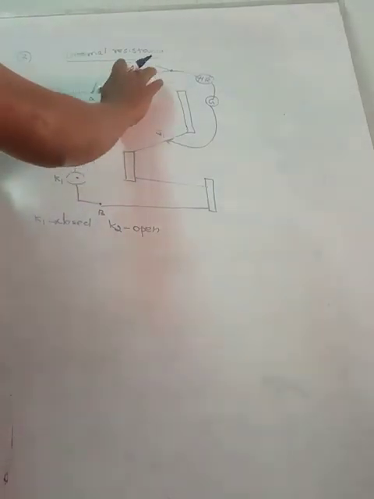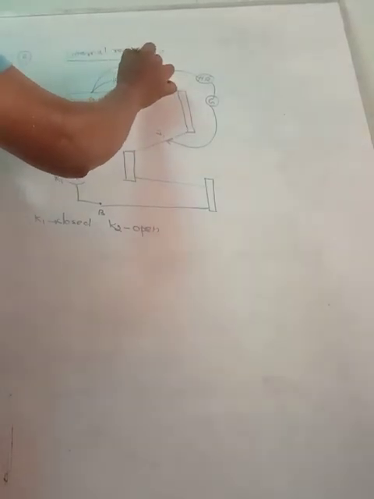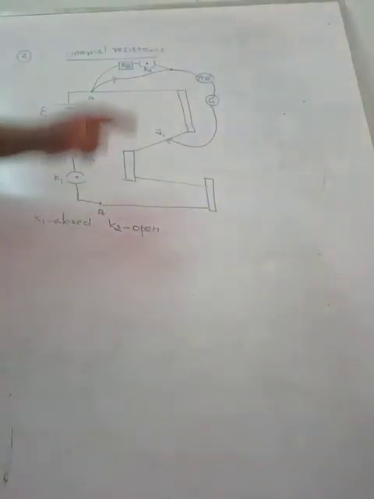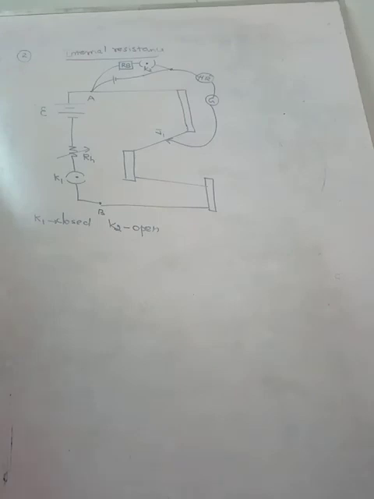Sorry, there is a small mistake I have made. See, this will be connected here. Here only the key K2. Okay, so K2 is open. K2 open means the external resistance is not included in the circuit now. See here, the external resistance is not included. We have included only the internal.